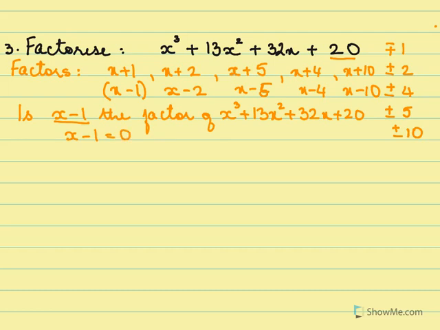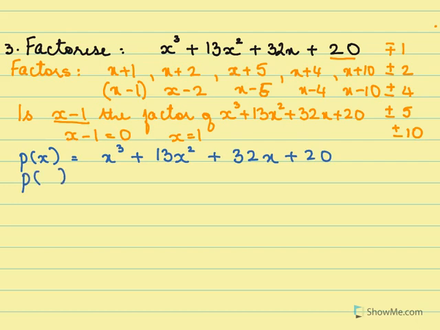To check if x minus 1 is a factor, you do x minus 1 equal to 0, x equal to 1. p of x is equal to x cubed plus 13x squared plus 32x plus 20. Here we'll do p of 1, and this will be equal to 1 cube plus 13 square plus 32x plus 20. So wherever there is x, I will put 1.